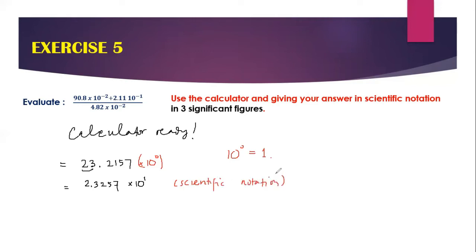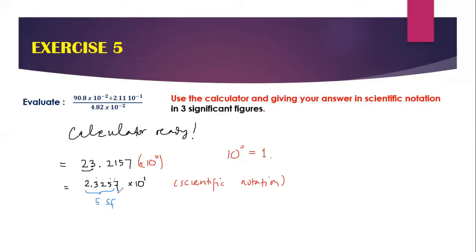But the extra instruction is 3 SF. Now we are going to check how many SF for this coefficient. Students, when we check the number of significant figures here, there are 1, 2, 3, 4, 5. There are 5 significant figures.